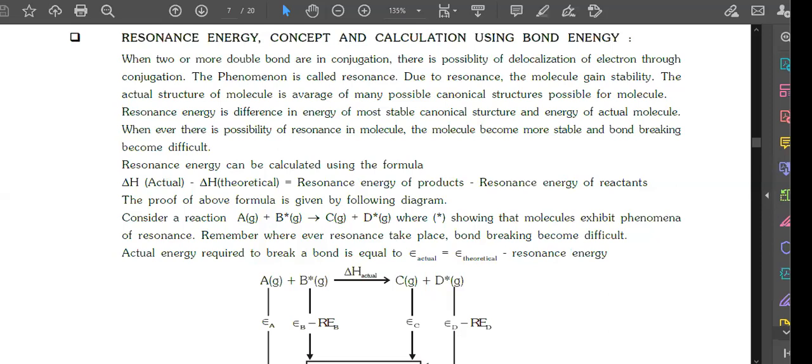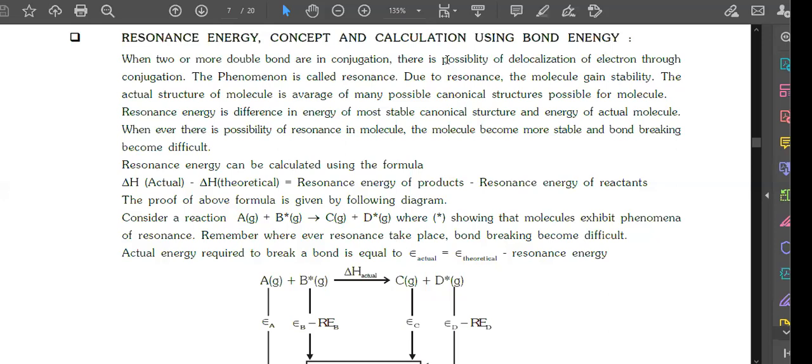So I can say that we know because of resonance, the molecule becomes more stable. Yes or no? Now, if it becomes more stable, then the energy should be less as compared to its theoretical value.